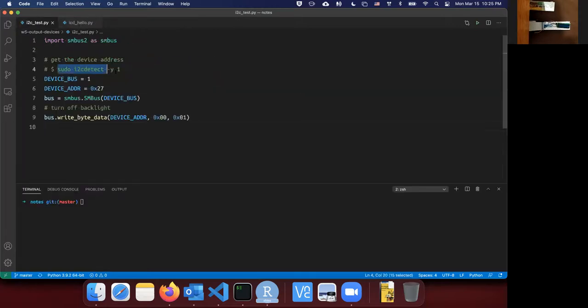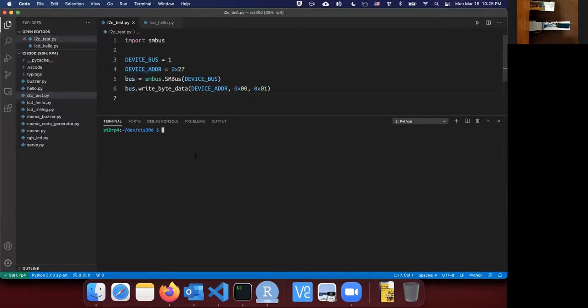is called i2cdetect. So you can just run this in the terminal once you get remote connected by SSH to the Pi. And see here, this is the SSH session where we have a remote terminal opened up.